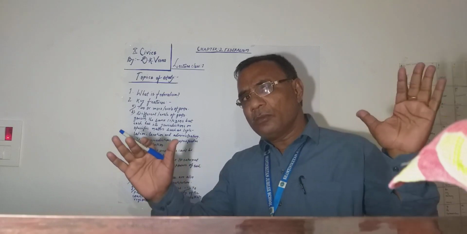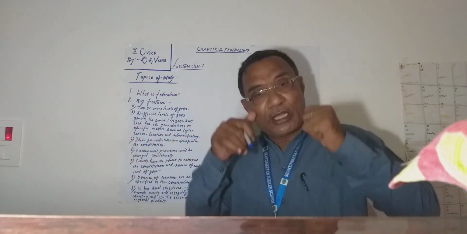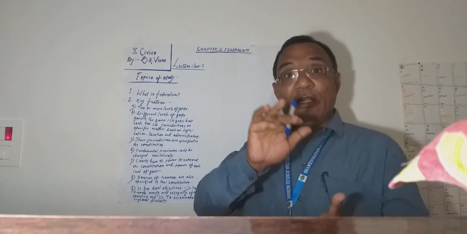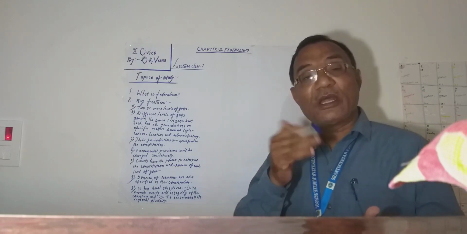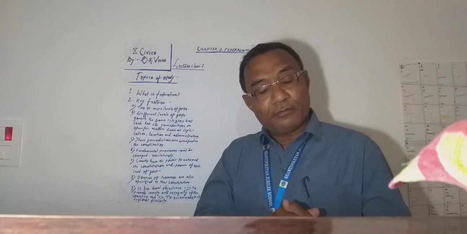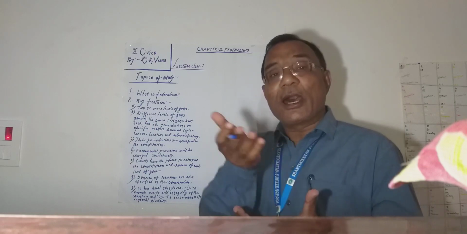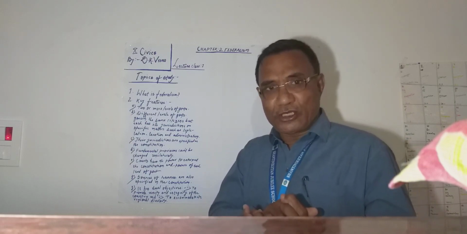After all the discussion, students, in this lecture it has become very clear that in our federal system of government, the central government is more powerful than the state governments, and state governments are less powerful than the central government.